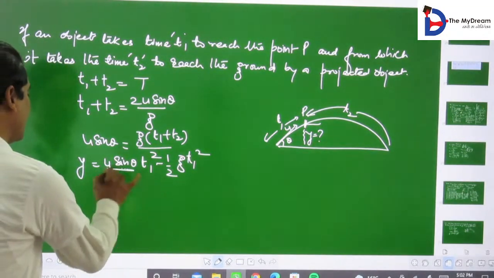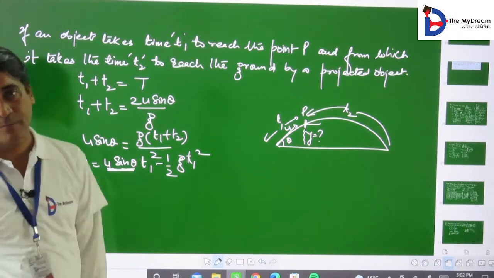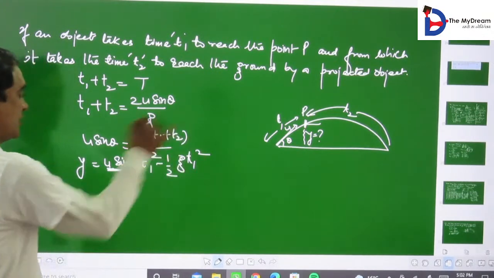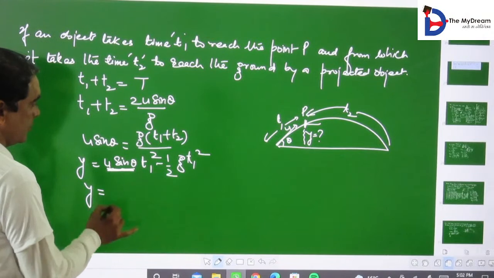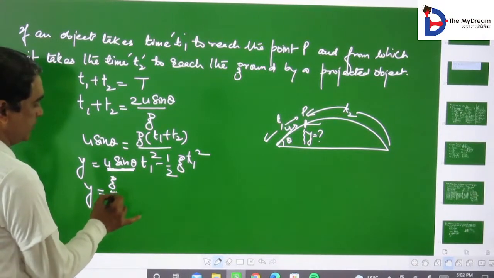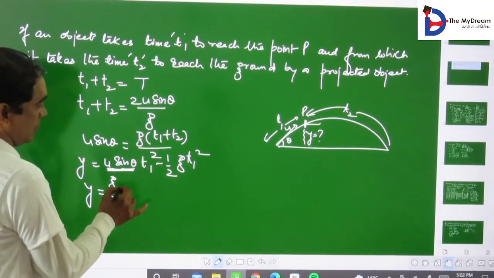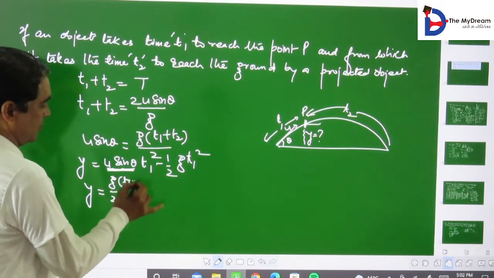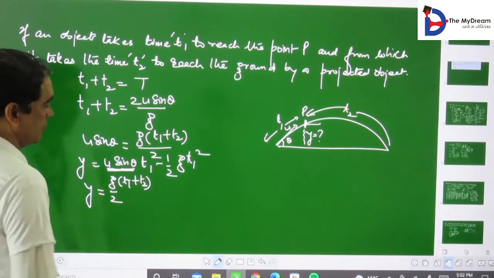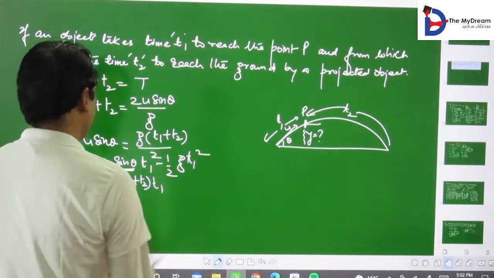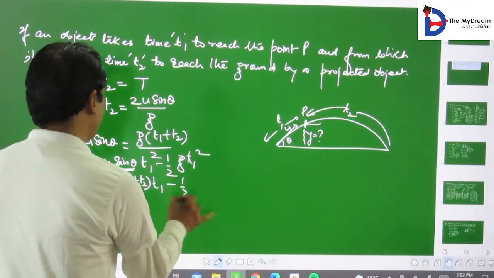So in place of this u sin theta क्या करना है? वैल्यू रख दीजिए g by 2 t1 plus t2 into t1 minus half g t1 square.